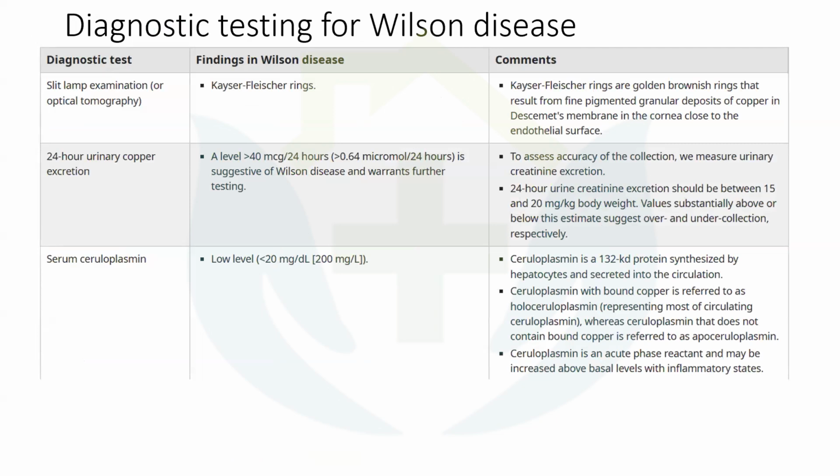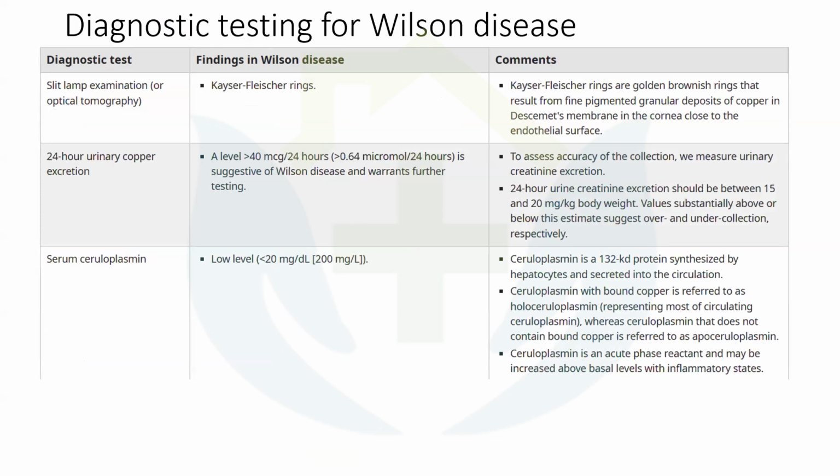In diagnostic testing, we do the slit lamp examination. We look for copper deposition as brownish golden ring shadows in the Descemet membrane of the cornea. The color is golden brownish, and with the slit lamp we can test that. The 24-hour urinary excretion is important.